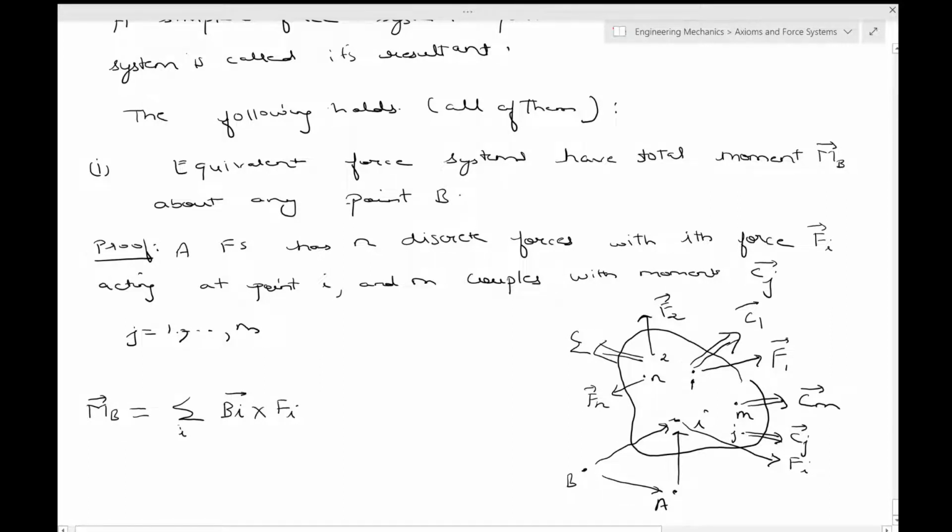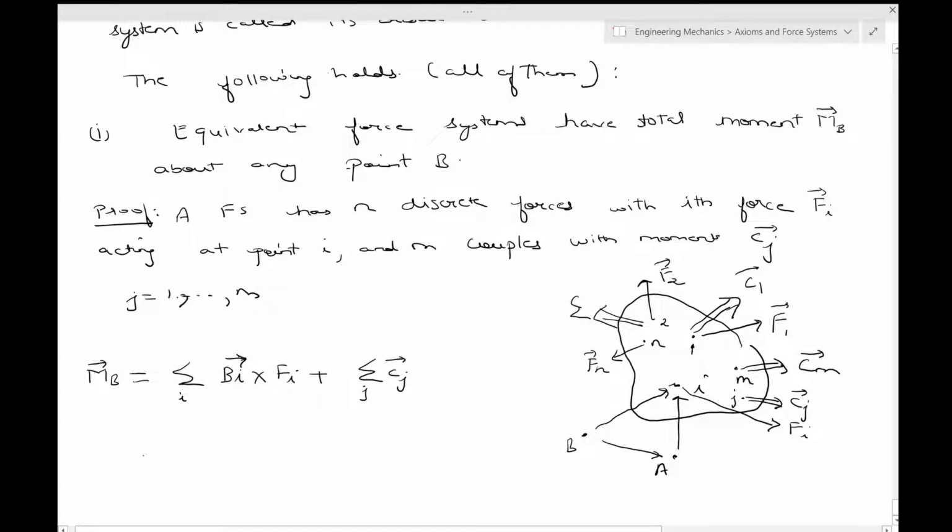This has to be summed over all the i's, and then there are already moments existing in the system, which is Cj. Do remember, this is a moment due to a couple, and this is the moment due to a force. About the point B you write it like this, and this is anyways what is given.